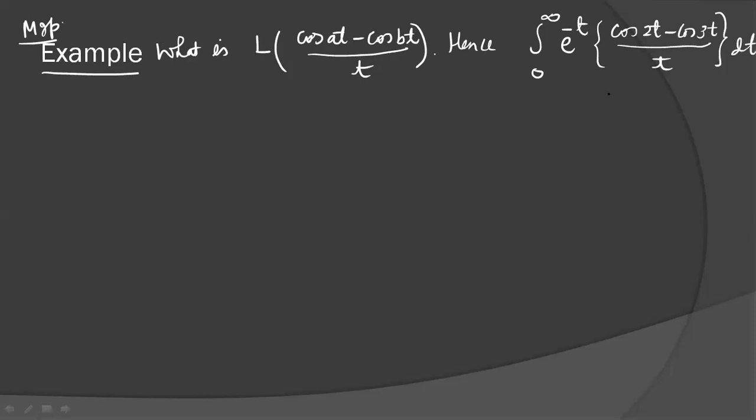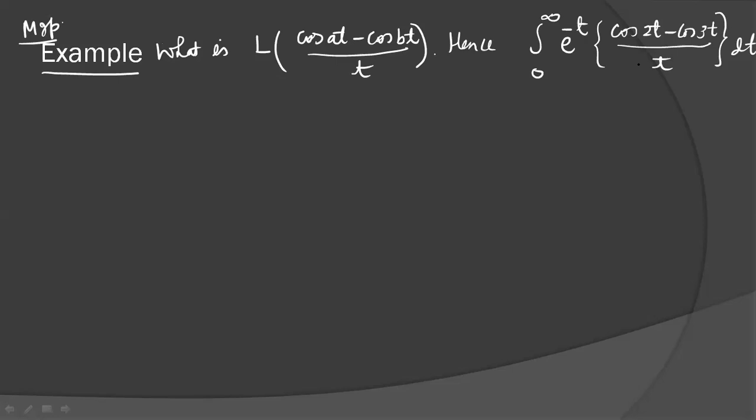If you use simple methods of integration, even the gamma beta function will not help here, because in the denominator you have t and a trigonometric function in the numerator. So by any of the methods I have studied in the previous lectures up to 10 plus 2, we cannot find this integration. Due to t in the denominator, we cannot find it by integration by parts because the derivative of t will not vanish.